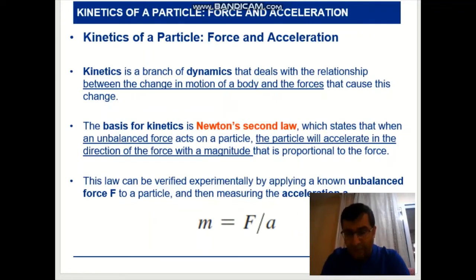The resistance to this change of velocity comes from mass. So m is a coefficient, a constant. We call it the particle's inertia. That's why when we say inertial force, it comes from this acceleration multiplied by some other stuff.